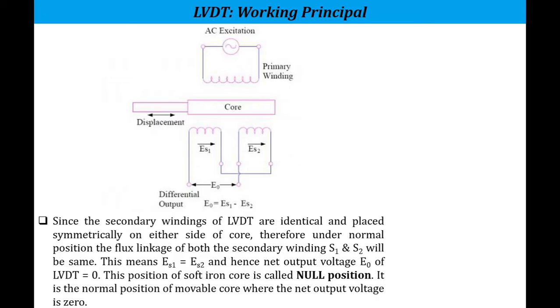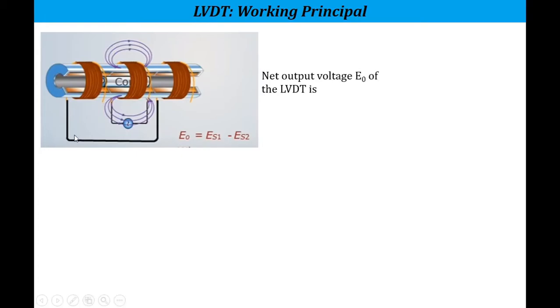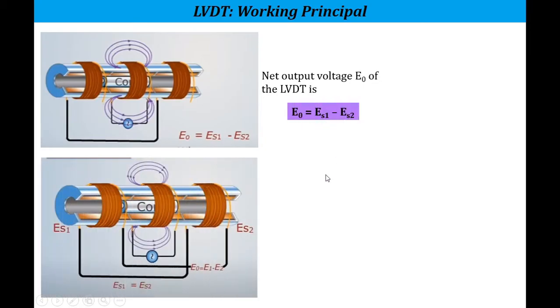The position at which we get this net output, E0 equal to 0, is called the null position. It is the normal position of the movable core, where the net output voltage is equal to 0. This was the first case: the net output voltage E0 of an LVDT is E0 equal to ES1 minus ES2.